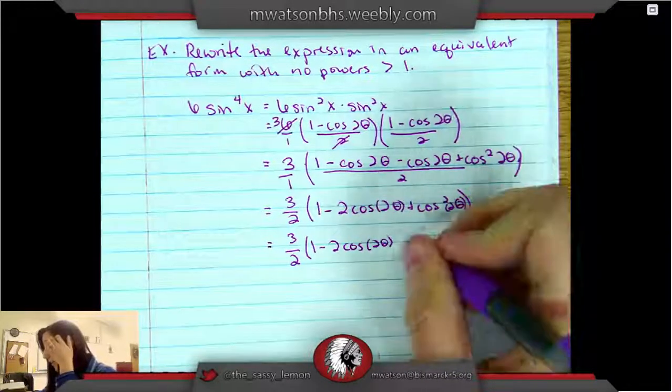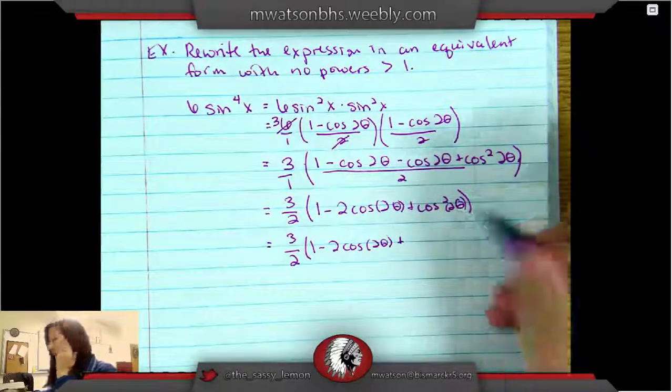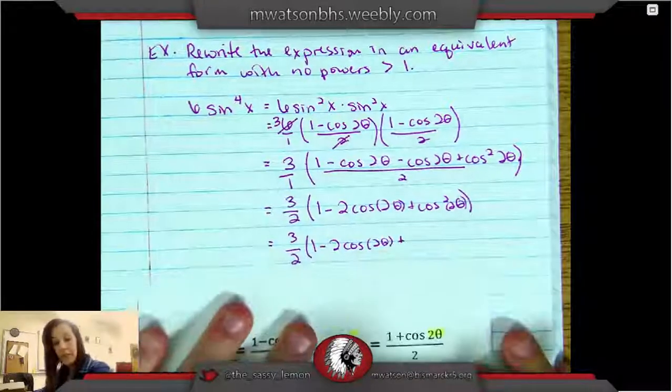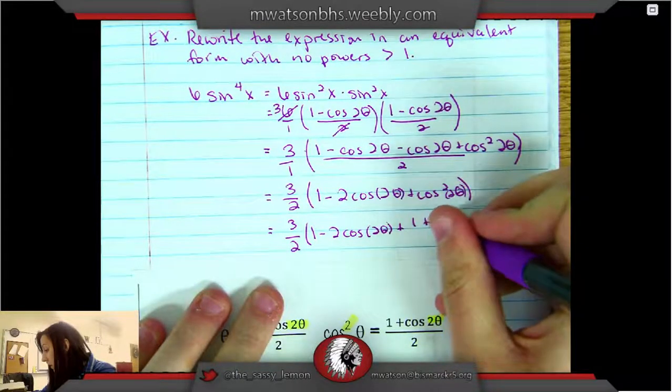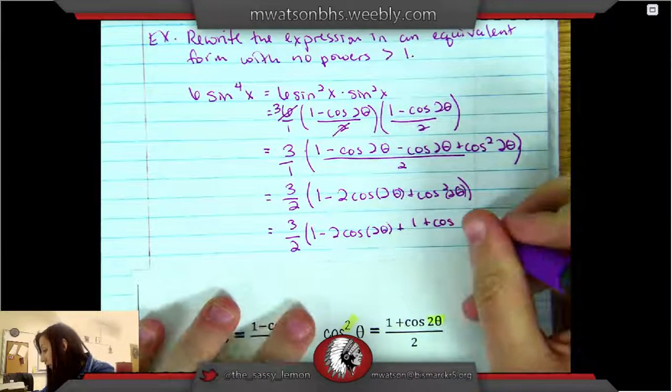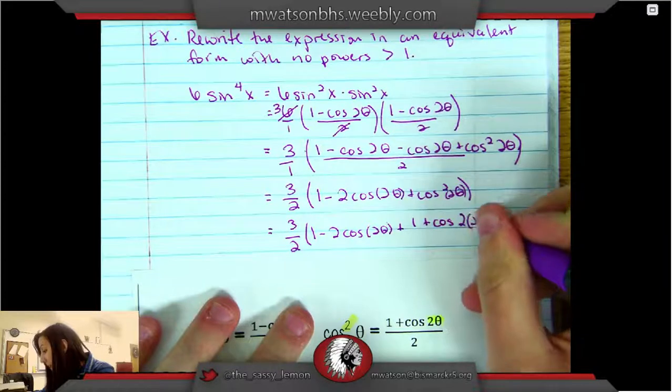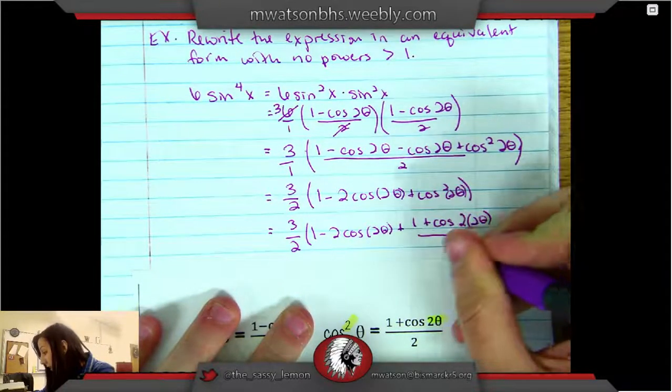But instead of a cosine squared of 2 theta here, I'm going to use that formula, and it's going to be 1 plus cosine of 2 times 2 theta all over 2.